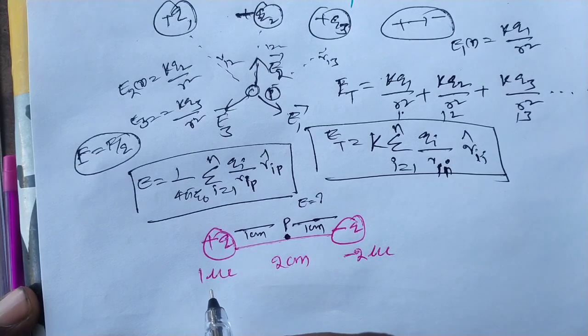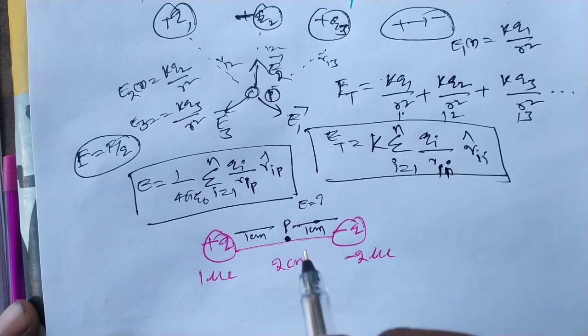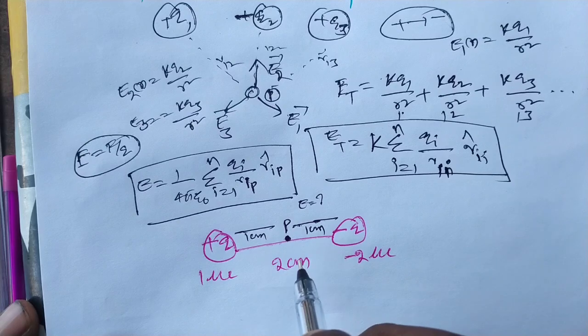One charge is 1 microcoulomb, the second is -2 microcoulomb. What is the net electric field?